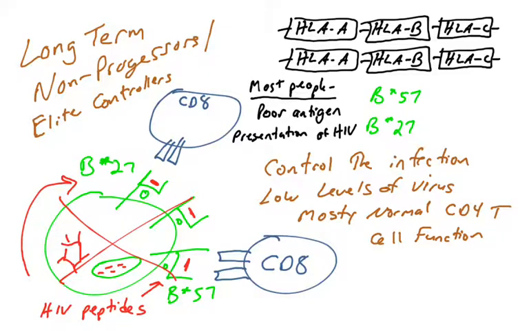They control the infection, and it has been established that this control is due most directly to the inheritance of certain alleles of HLAs, specifically HLA-B57 and B27, for example. That allows for excellent antigen presentation of HIV peptides. So these are two examples of individuals whose genetics might lead them to either resist or control HIV infection.